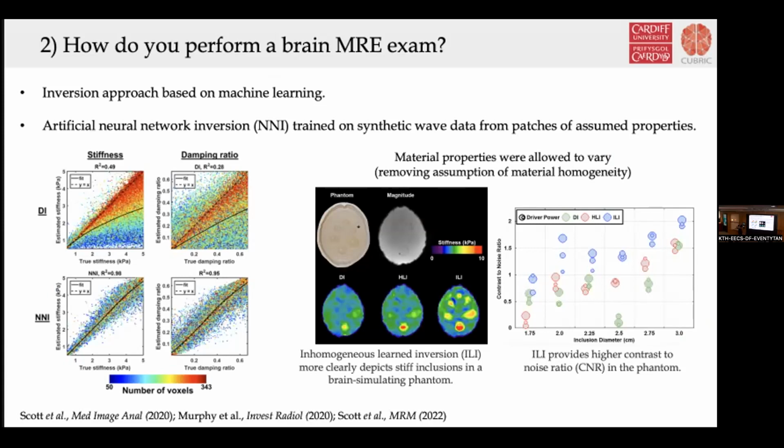In a later paper, the neural networks were trained on inhomogeneous data, which is called inhomogeneous learned inversion. And here you can see, in a brain-mimicking phantom, it more clearly picks up these inclusions compared to the earlier neural network inversion and the old inversion. So you can see that there's progress being made there.